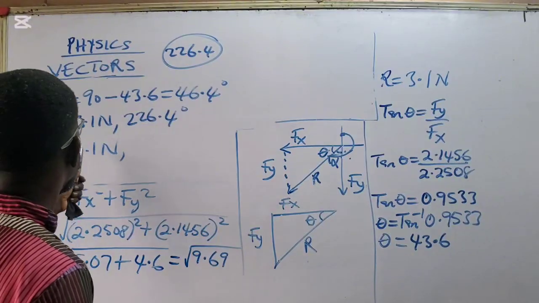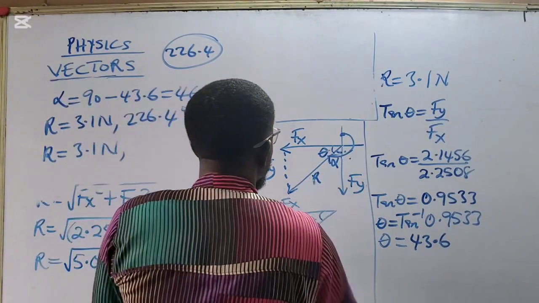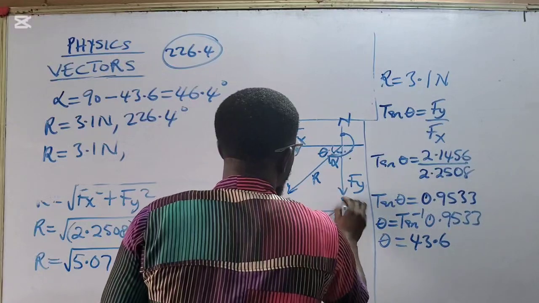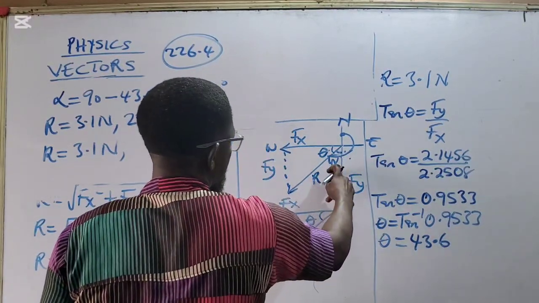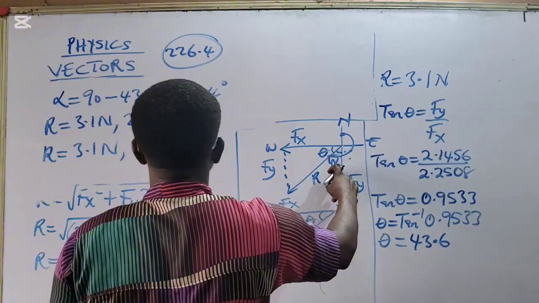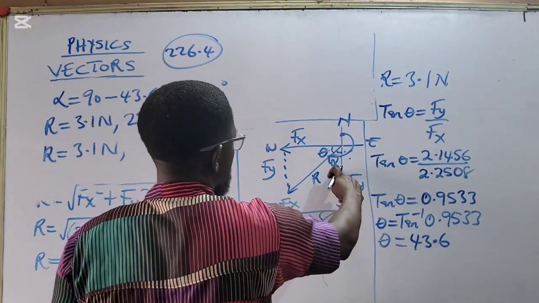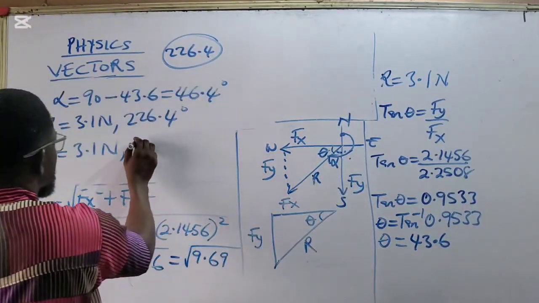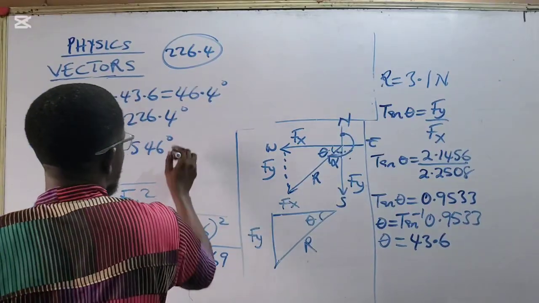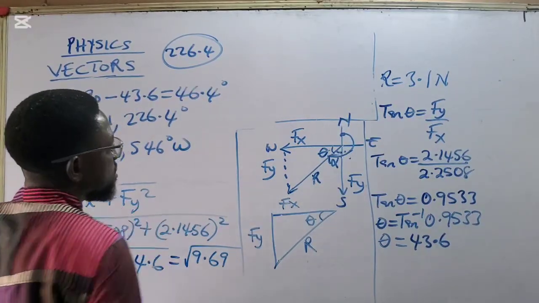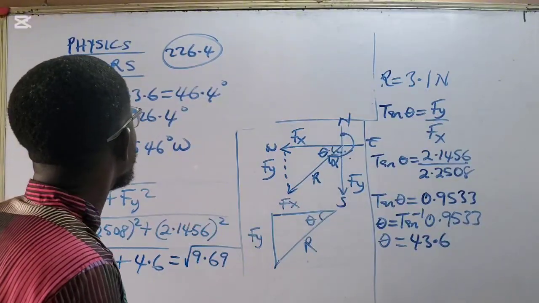Or we can now write 3.1 newtons with respect to this. Here's north, here's south, here's east, here's west. So this angle alpha, which is 46.4, I'm going to have South 46.4 degrees West.